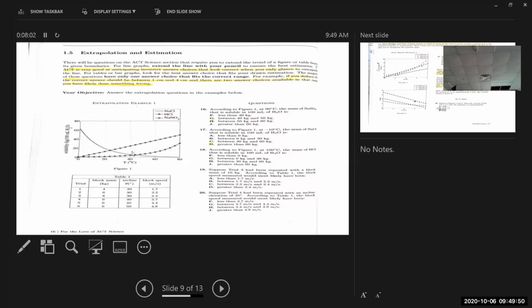Which table, figure 1 or figure 2, has those two variables in it? Neither. All right, so which table has current in it?